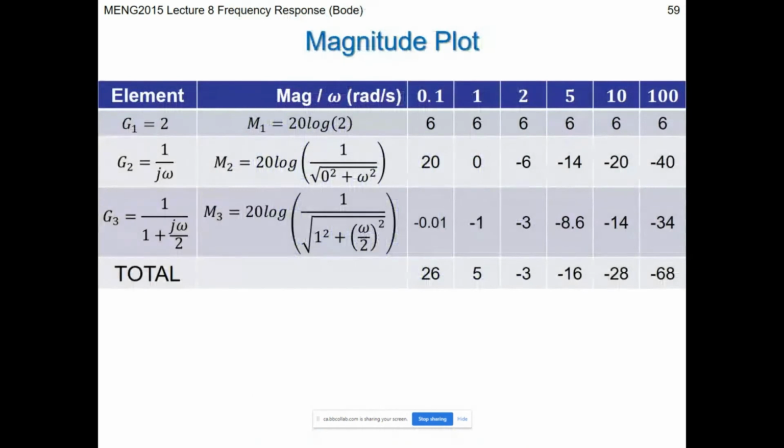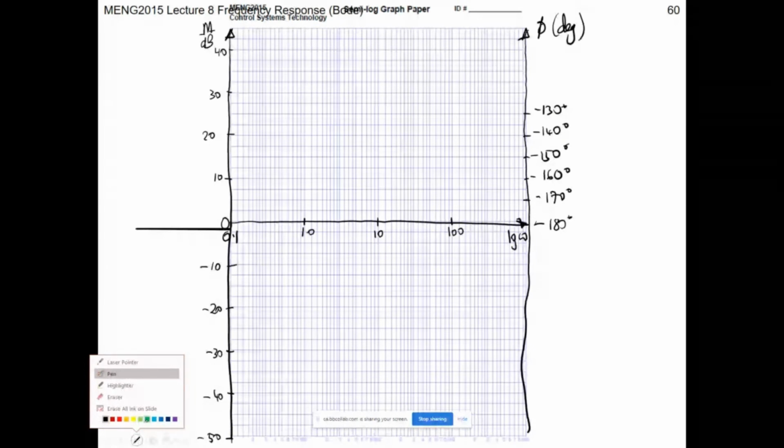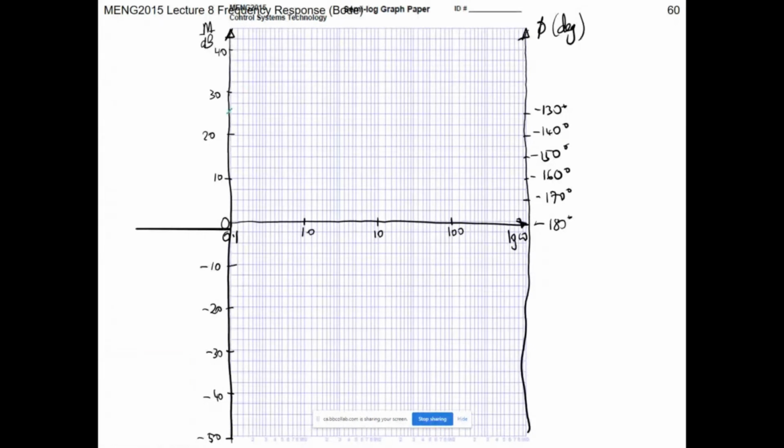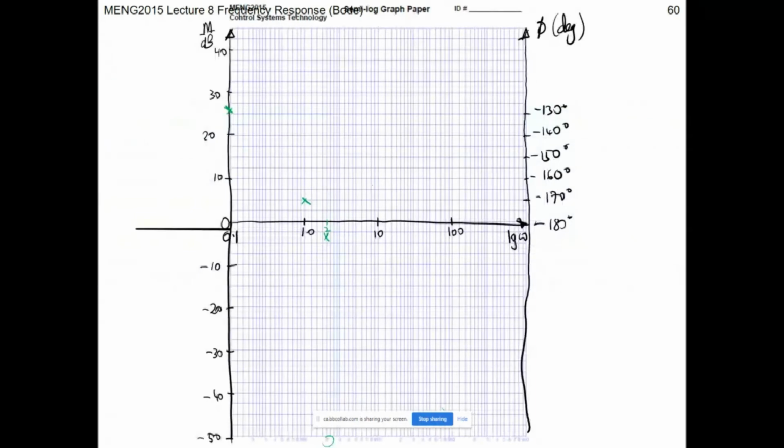Right, so at 0.1, I start off my plot. I've got a value of 26 for my magnitude. That's here. At 1, I've got a value of 5. And so minus 3 is just about here. At 5, minus 16. 5 is here. I'm taking you through this so you can get a sense of how to plot the thing.